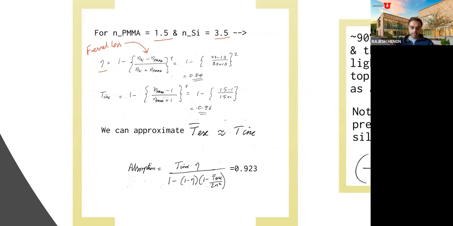It's an assumption, but it's a reasonable assumption. The Fresnel loss is defined by the difference in the refractive indices squared. So you get this number and you get something like 84%. Now, T incident you can also compute as a different Fresnel loss, but with respect to PMMA and air. And you get something like 96%, or you lose about 4% of the light.